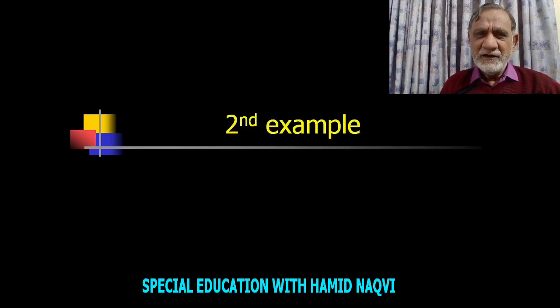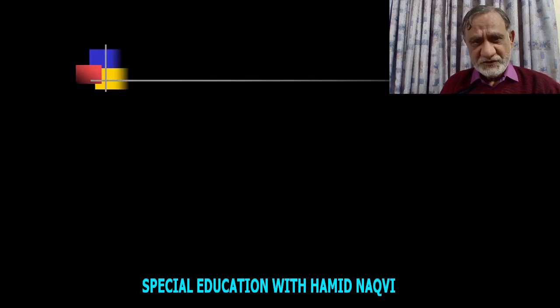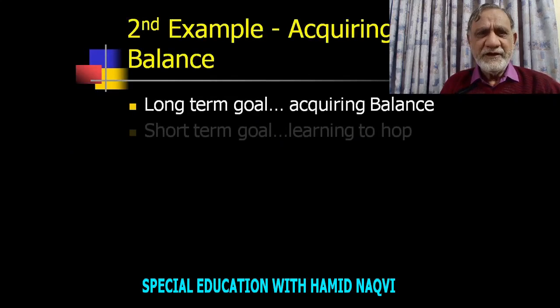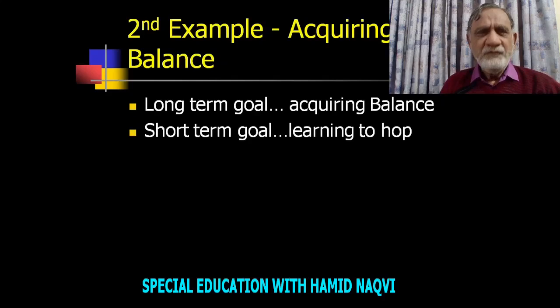But the main crux is what would be the goal setting, and what would be the services required. So here it is. We have a child whose problem is acquiring balance. While moving around, he loses his balance, right? So the long-term goal is to acquire the balance, right?